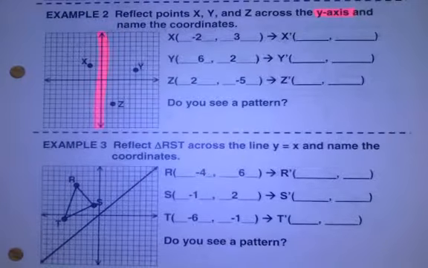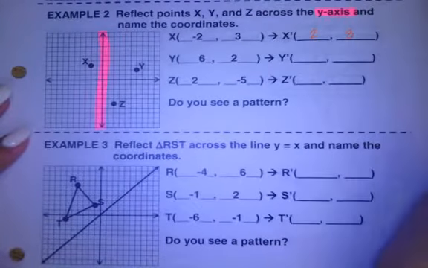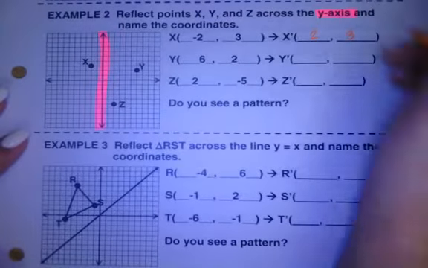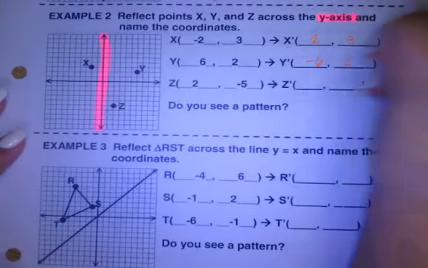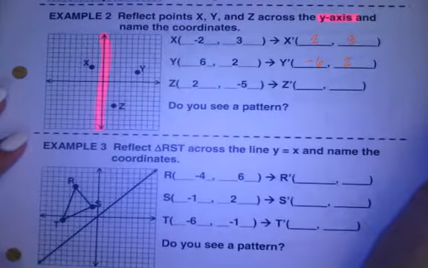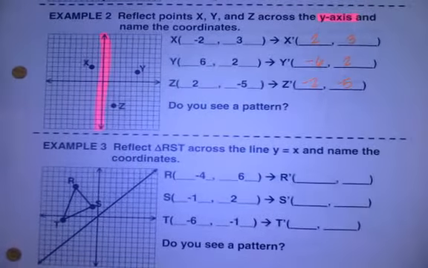Naomi, what did you get for x prime? 2, 3. Balbino, what did you get for y prime? Negative 6, 2. Very good. Chloe, what did you get for z prime? Negative 2, negative 5. And Macy, what did you get for your coordinate notation?